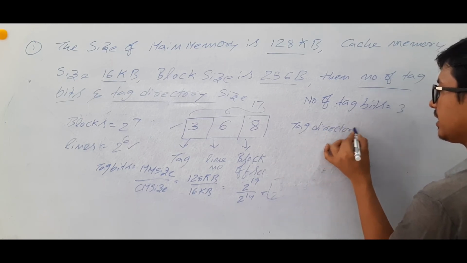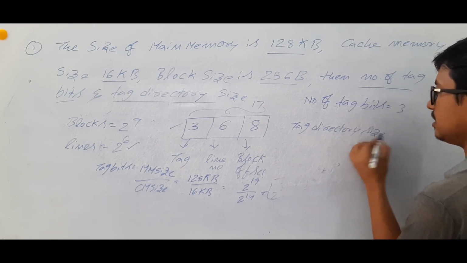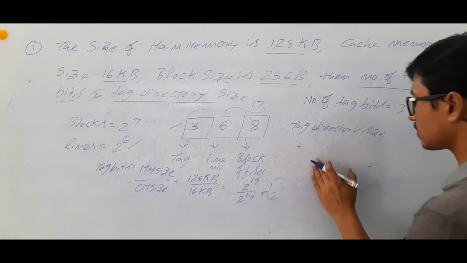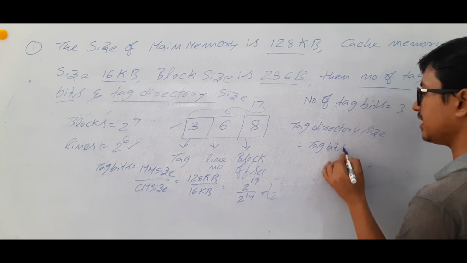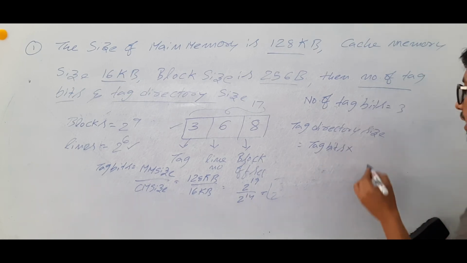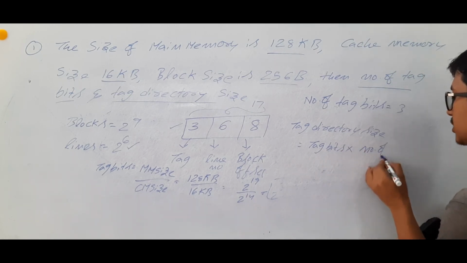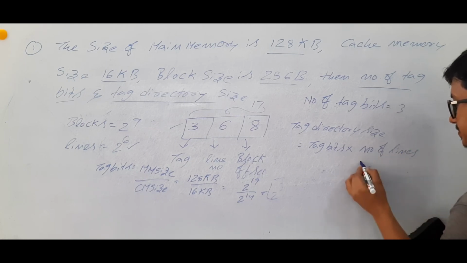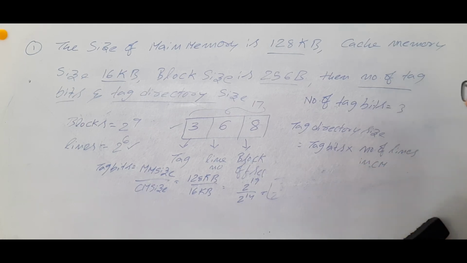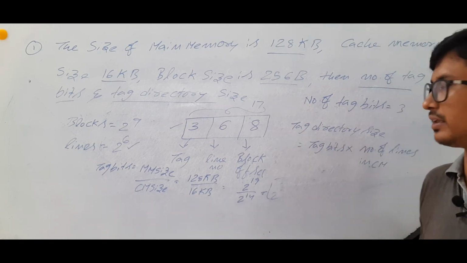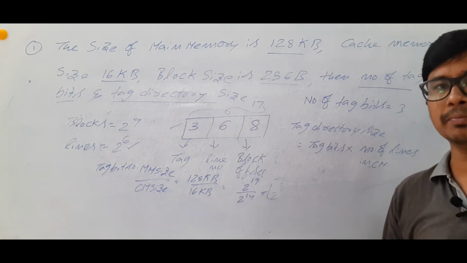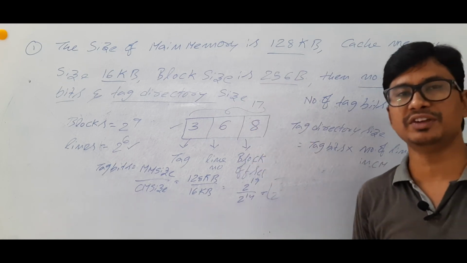The first part is done. Now they are asking for the tag directory size. Tag directory size is equal to tag bits in each line into number of lines in the cache memory. Tag directory means the total directory, which is equal to the tag bits, because each line will consist of tag bits.